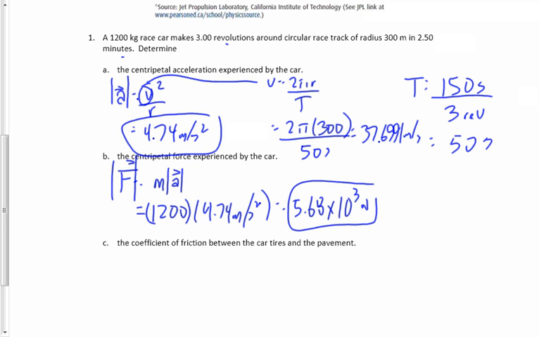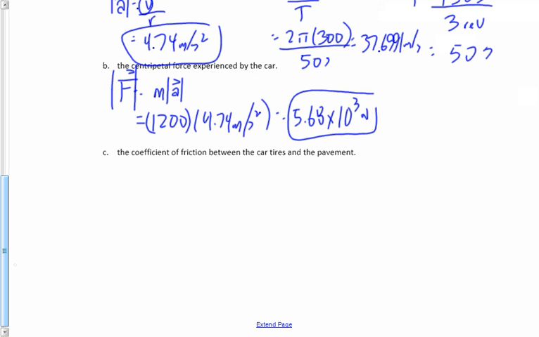Okay, finally, C, this is a good question. The coefficient of friction between the car tires and the pavement. There is only one force that's causing this car to go in a circle, and that force is friction. If there was more than one force, we'd need to say F net is equal to the sum of the forces. If there's only one force, then F net, or the centripetal force, is equal to that one force.